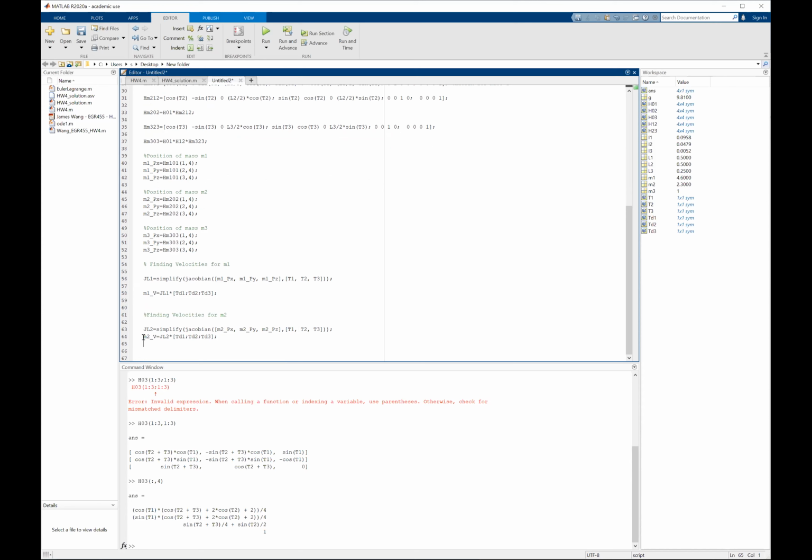The velocities of mass M2 are this Jacobian JL2 that we found, multiplied by the angular velocities of T1, T2, T3, so this will be TD1, TD2, and TD3.